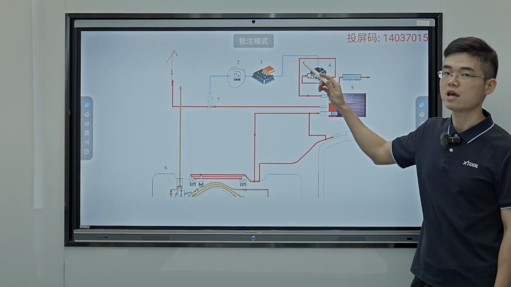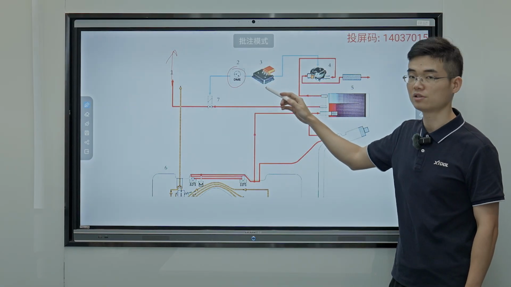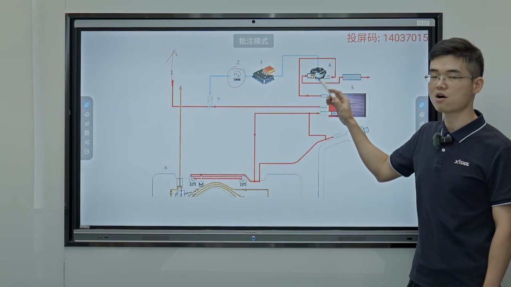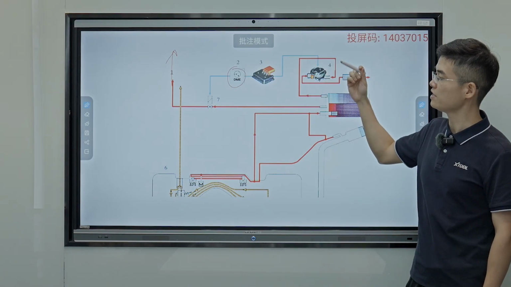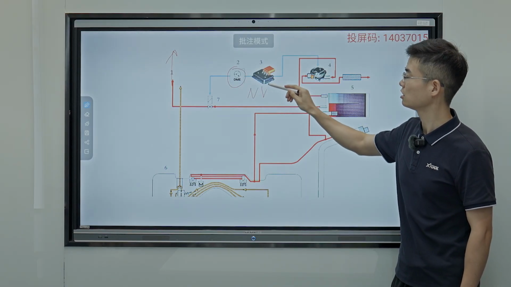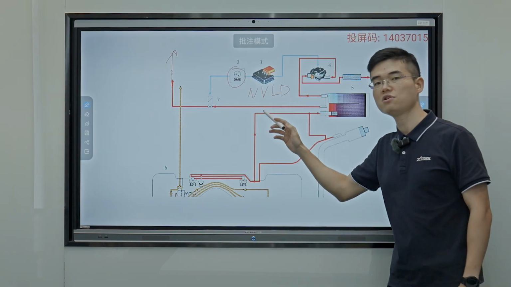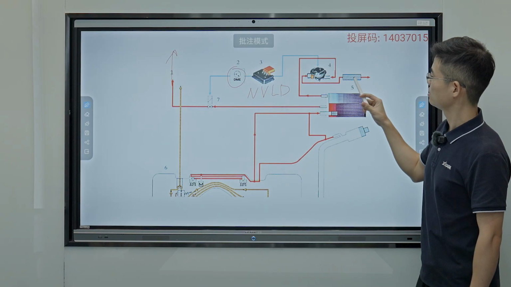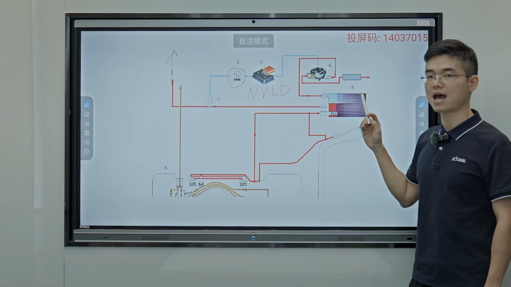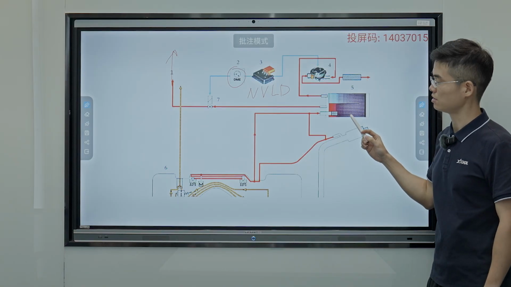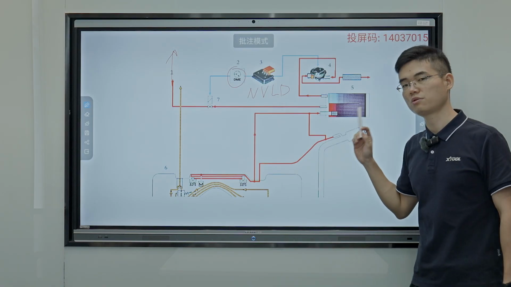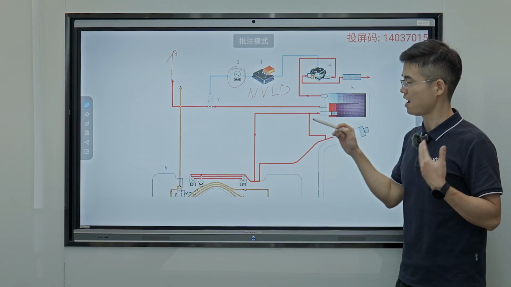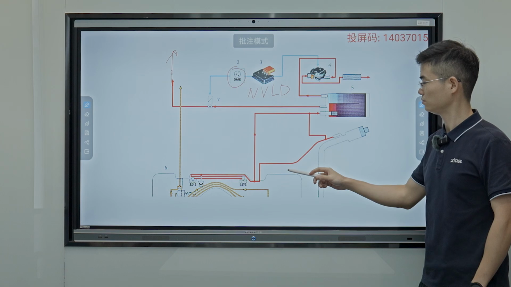And this part is the NVLD sensor. And this part is the NVLD pump. NVLD is natural vacuum leak detection. And this part is the activated carbon filter, which can store the evaporation of the fuel.